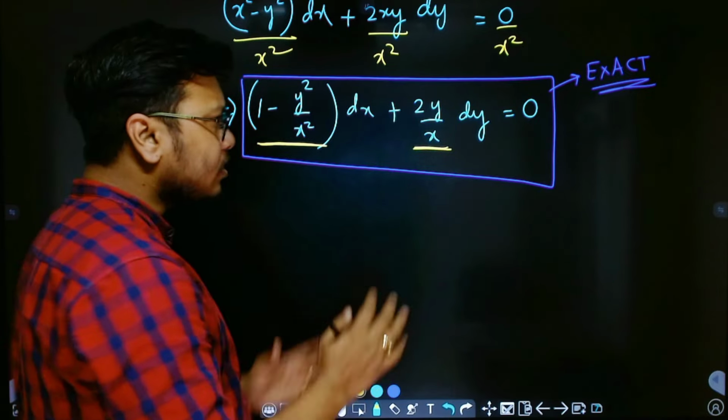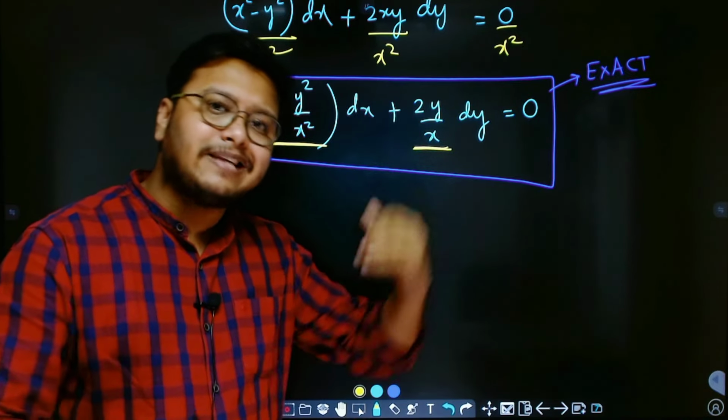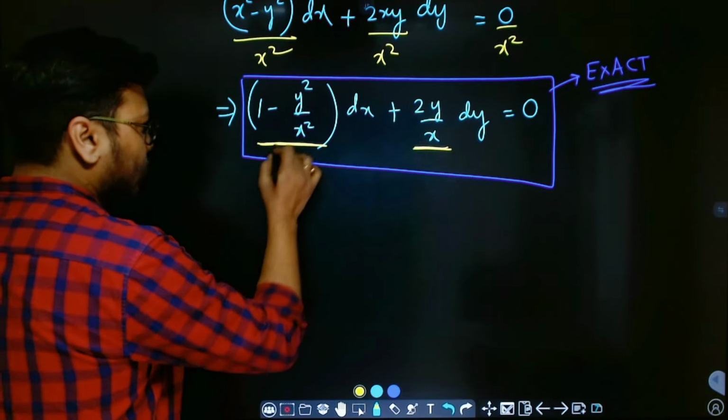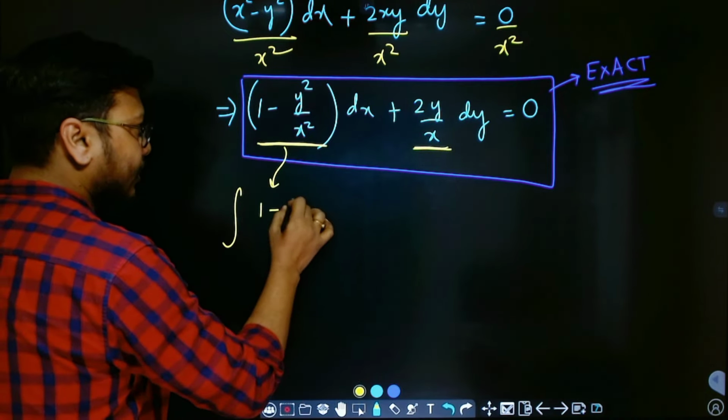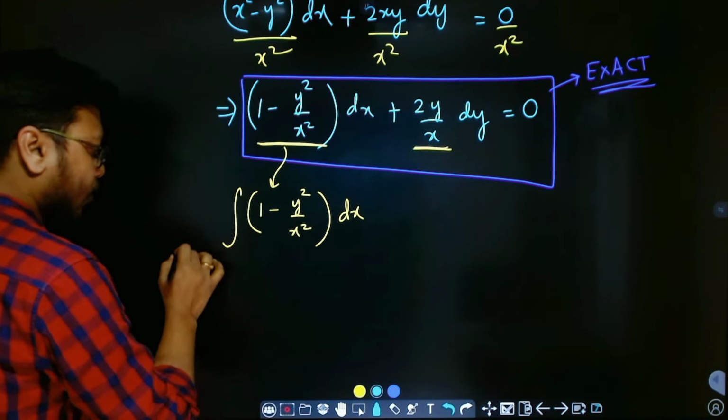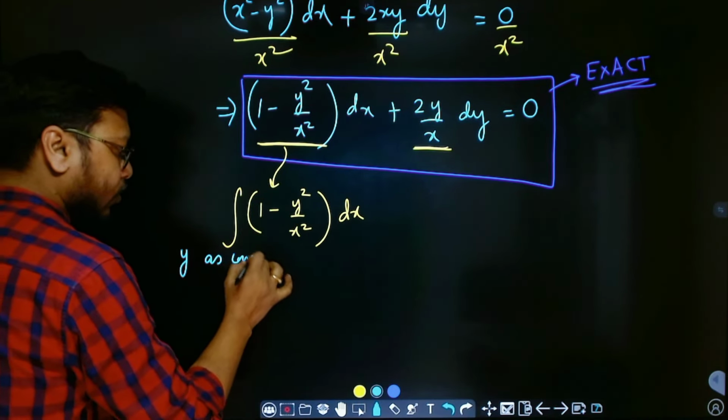Remember, the solution process is the same as what we have done in lecture 1. Since this is exact, I'm going to integrate this particular thing with respect to x, treating y as constant.